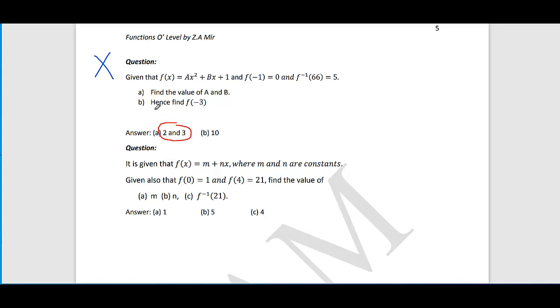Hope you know how to solve equations simultaneously. In the next part, we have to find f of minus 3. So first we have to plug this a and b in this function. So this function will become like this. Now we will put minus 3 in this function. Just putting minus 3, and after simplification, f of minus 3 will be 10.